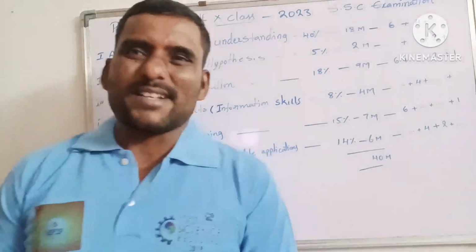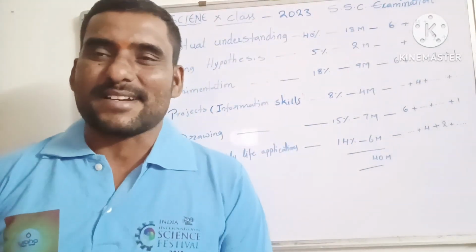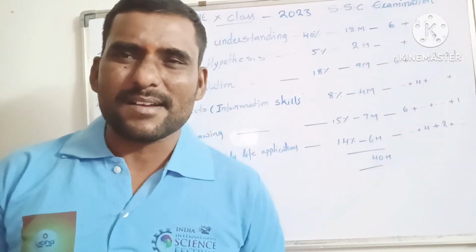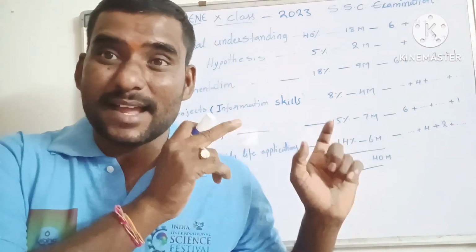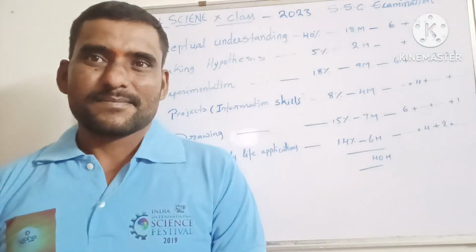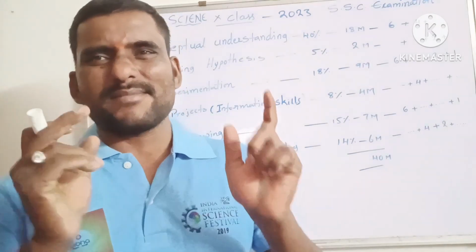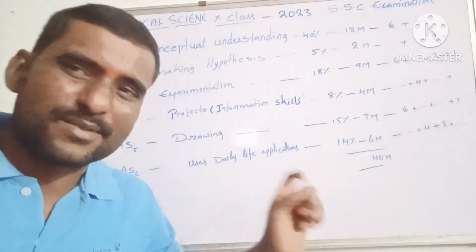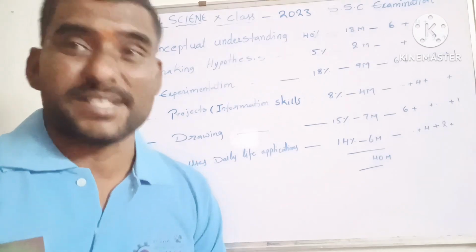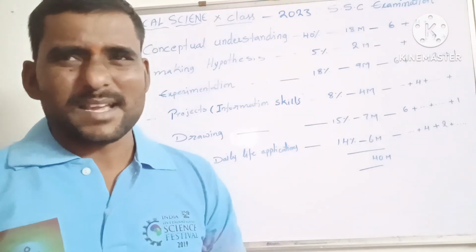Now we are going to discuss physical science based on academic standards. The question paper is prepared based on academic standards. So those are also very easy. If you go through this, you can get 10 by 10 very easily from physical science, just like biological science.